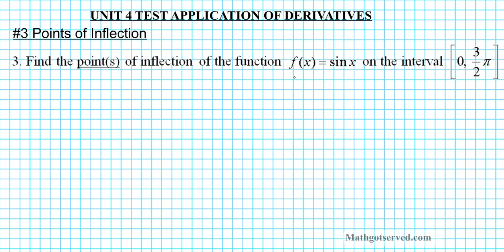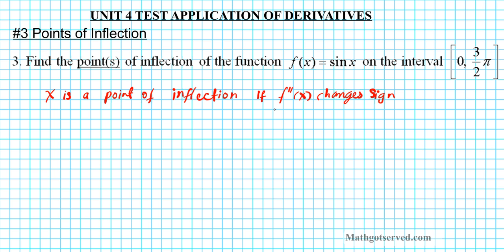Okay, so before we get started, let's go ahead and go over how to find the points of inflection. The x coordinate is a point of inflection if f double prime of x changes sign, either from positive to negative or from negative to positive.